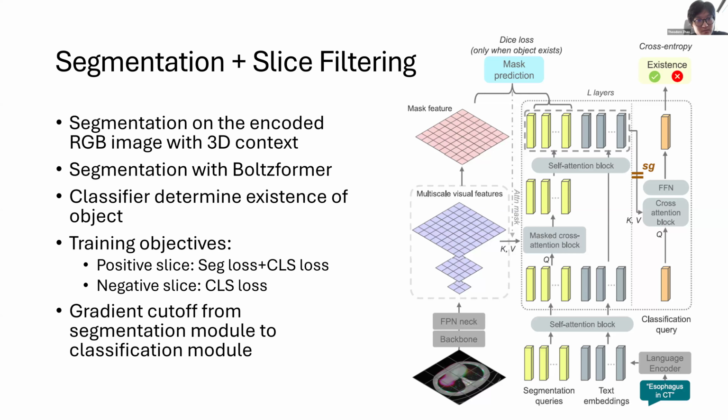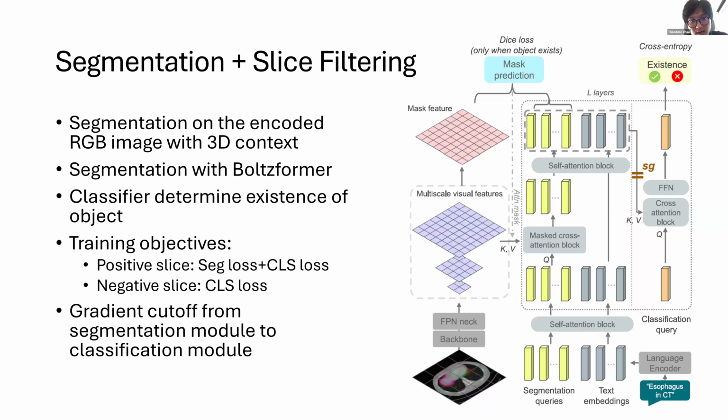So in order to train this model, there are two training objectives. On the positive slices, we have the segmentation loss and also the classification loss. On the negative slices, we don't have a segmentation mask, so there's only the classification loss with label 0. And on positive slices, this classification loss is always with label 1. The problem is that if you train with a lot of negative slices, it could harm the segmentation performance because there is no loss supervising the segmentation module.